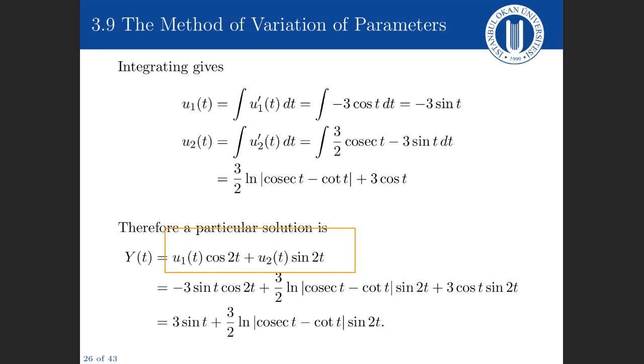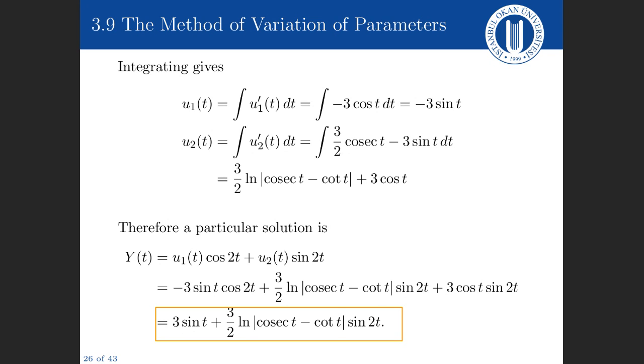Remember that we started with the particular solution u1 cos 2t plus u2 sine 2t. Now we know u1 and we know u2. Put these in and simplify, and we find our particular solution, which you can see is 3 sine t plus 3 over 2 natural logarithm of the absolute value of cosec t minus cotan t multiplied by sine 2t.